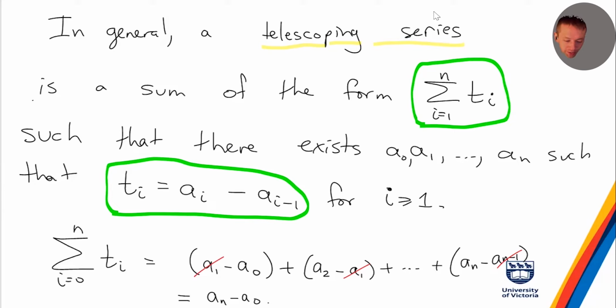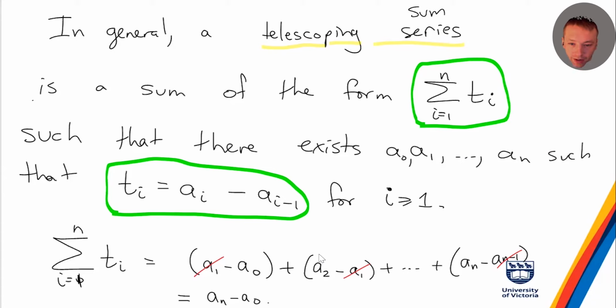The cool thing about these telescoping sums is that if you write it out, if I sum up ti from i equals 1 to n, that's what I started with here. The first term is a1 minus a0. The second term is a2 minus a1, just by the definition here.